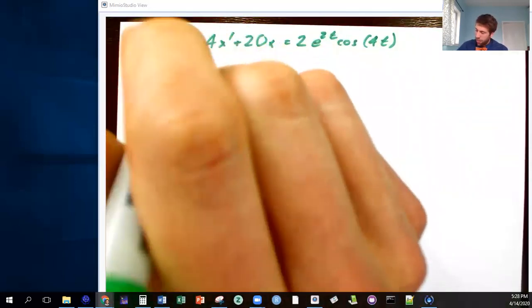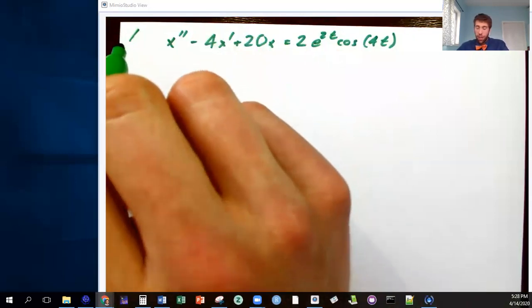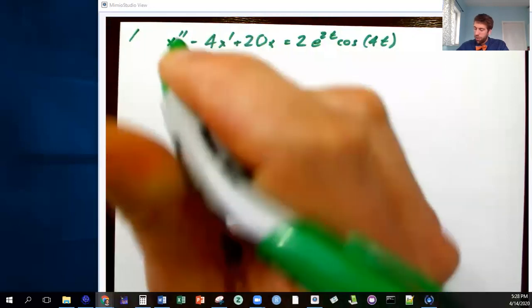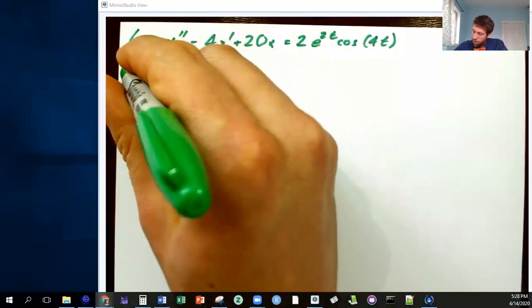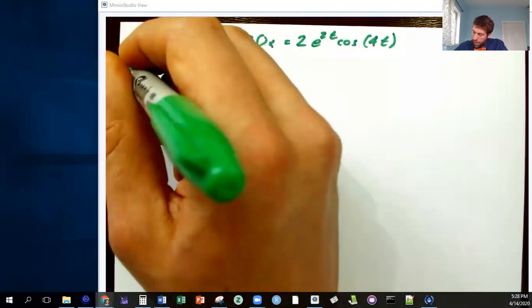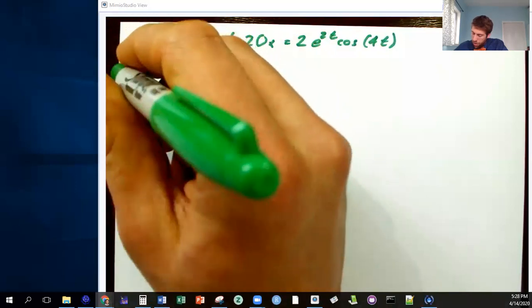So where was I? X double prime. All right, and so you can't see it, but I have my finger on each term. So my term e to the 2t cosine 4t has a 2a e to the 2t cosine 4t.